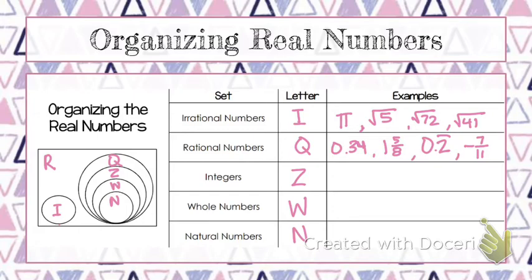So integers. Remember, integers are our number line numbers. So let's say 7, for example, is on a number line. Something else we need to look at is like negative square root of 100. If we were to reduce a number like this, it actually equals negative 10.